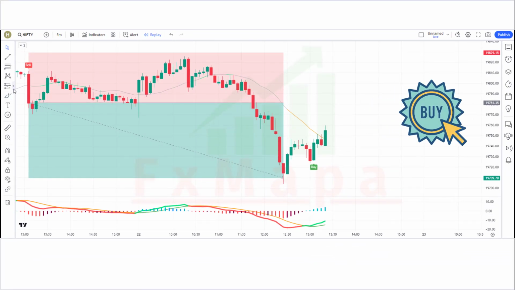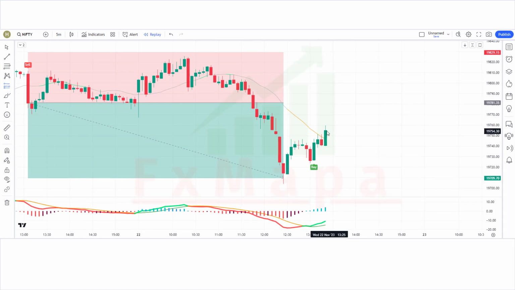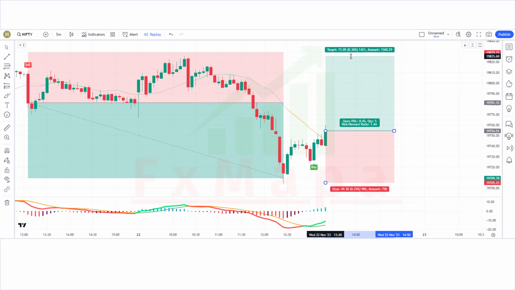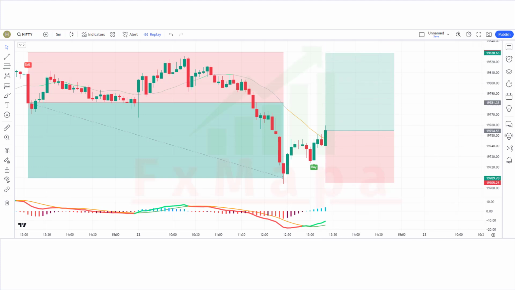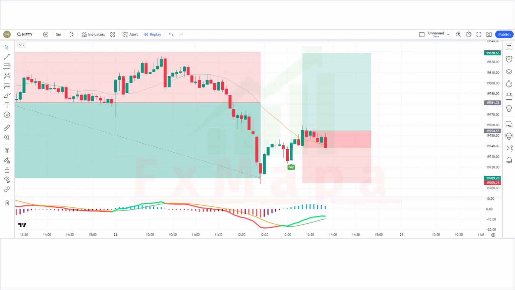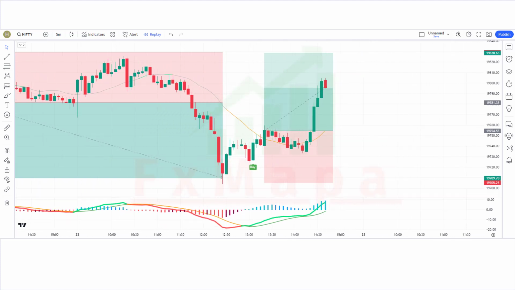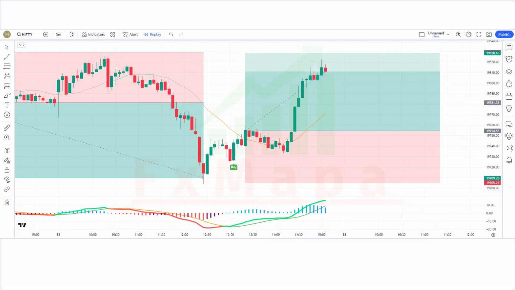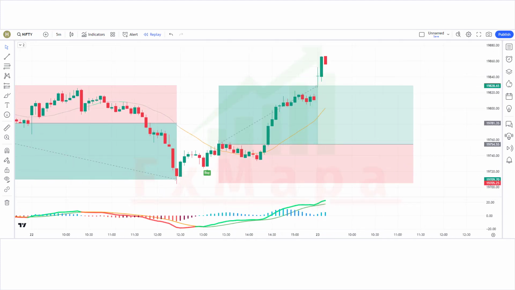If this condition is fulfilled, then we will place a buy order. Our stop loss will be placed at the current market lower level, and the risk to reward ratio will be 1:1.5. The market has completely hit the target.